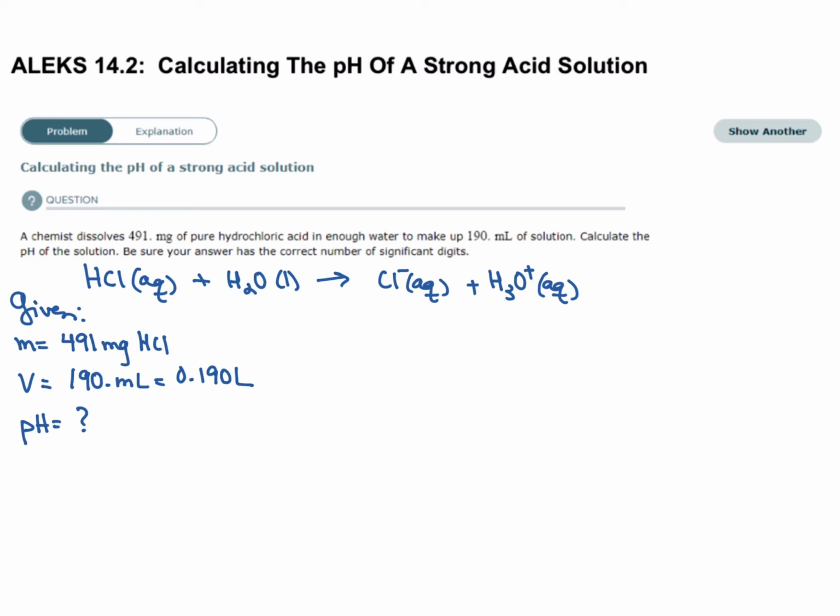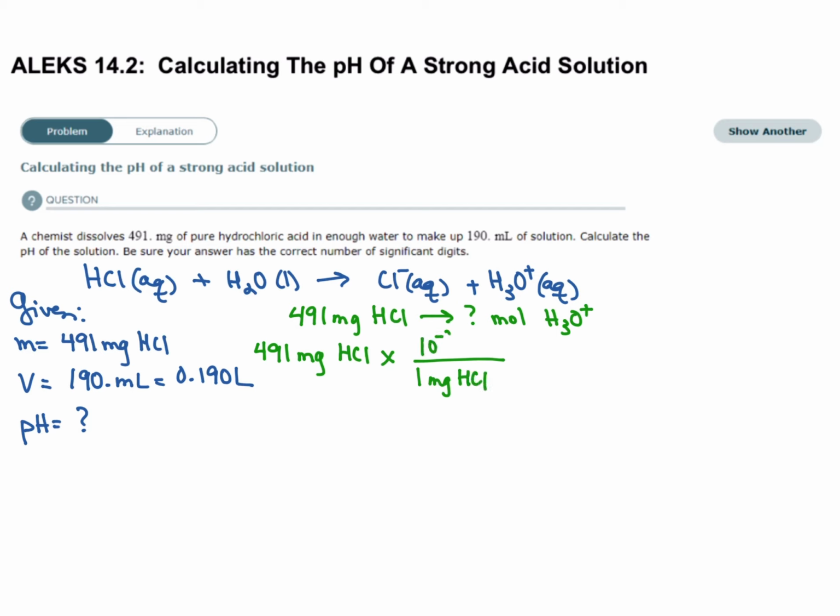So I have the mass of HCl, and I'm going to convert that to moles of H3O+. 1 milligram of HCl is 10 to the negative 3 grams of HCl.